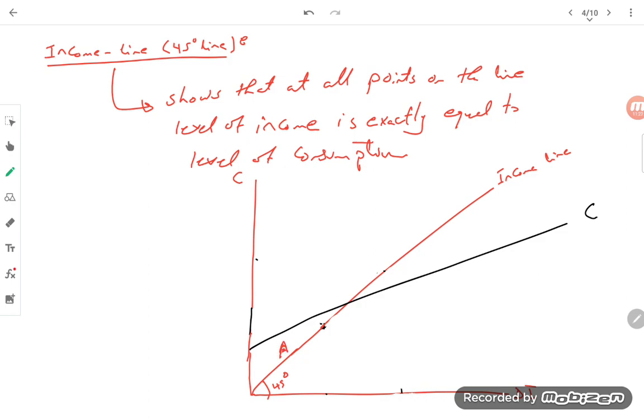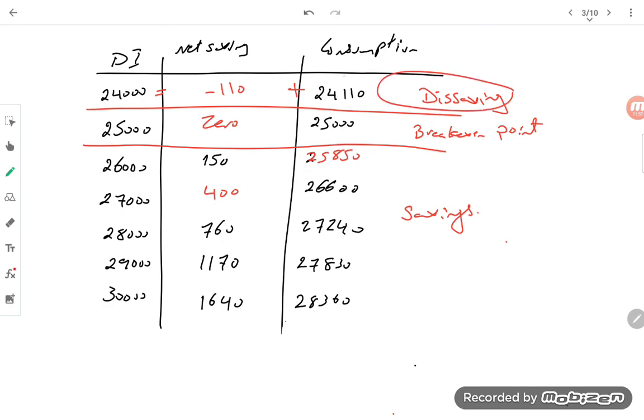We can divide it into 3 different areas: area A, area B, and area C. In A, it can be witnessed that consumption is greater than income, or in other words, there is dis-saving. Just like our example here, consumption is greater than income.